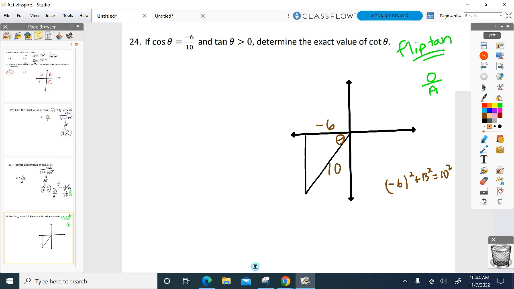What do you got? 8? All right, you ready to find it?